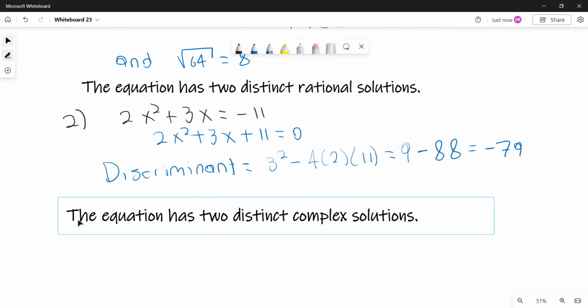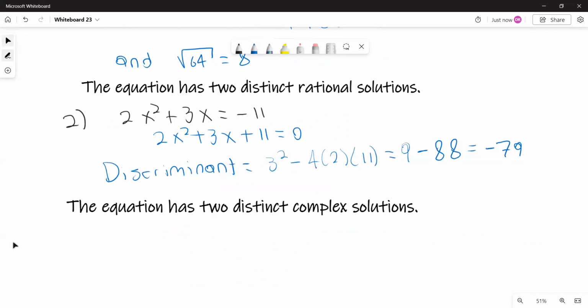Number 3. Find the discriminant and determine the number and type of solutions of negative 9x squared minus 6x equals negative 1. Okay, standard form.